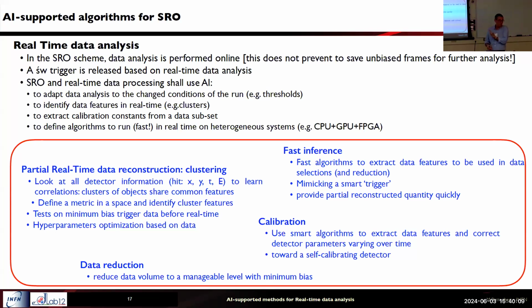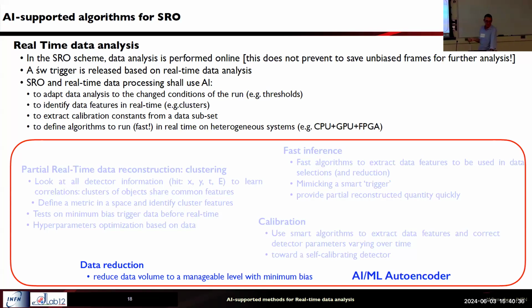This is almost for free. You can code in a few minutes. I will show you the autoencoder we wrote to compress data. It is going to be a couple of pages of Python. So it's simple, at least conceptually. In particular: reconstruction, fast inference, calibration, and data reduction.